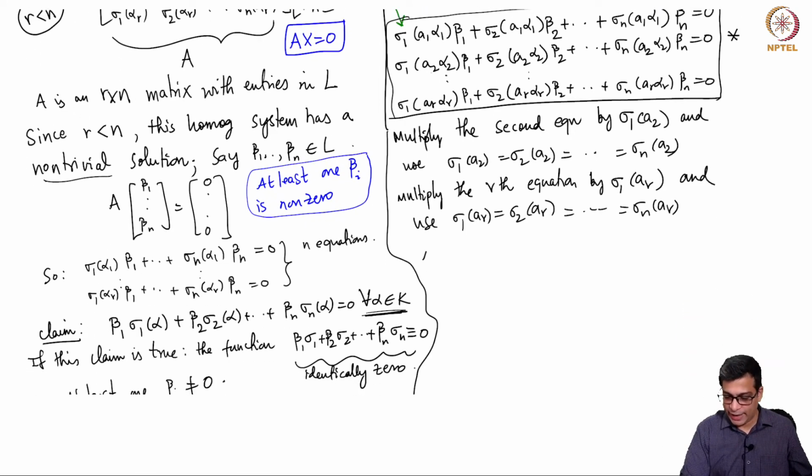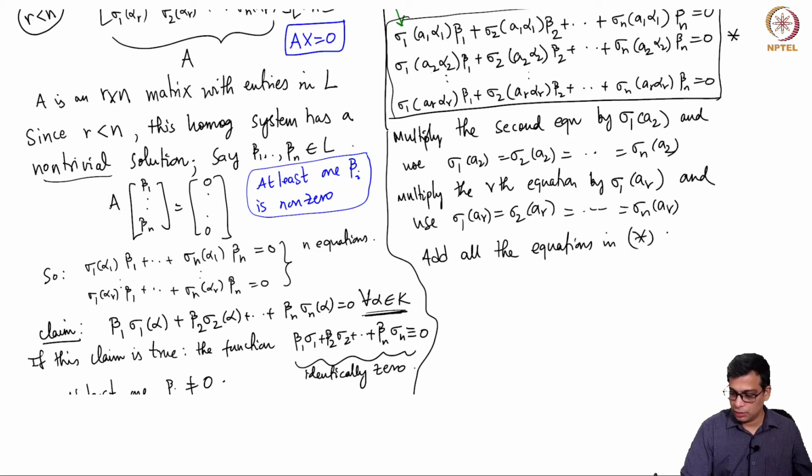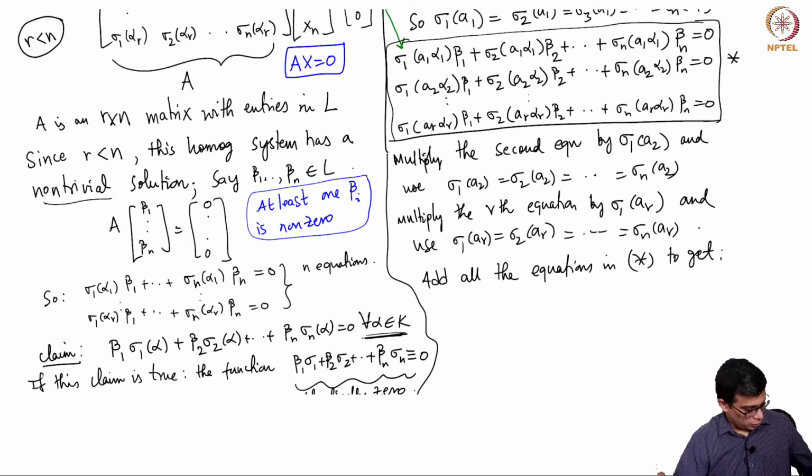So now add all the equations in star. This is the last step; we are almost done. What is the coefficient of beta 1? Sigma 1 is a homomorphism, right?